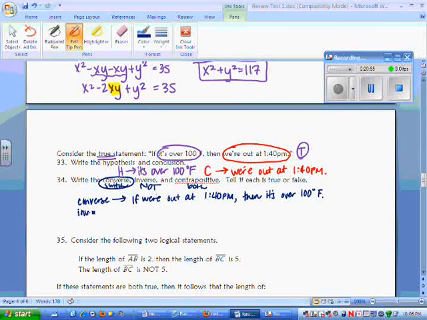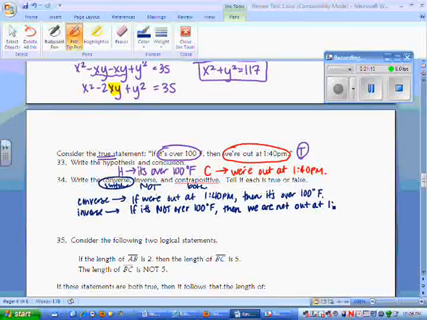Inverse. If it's not over 100 degrees Fahrenheit, then we are not out at 1:40.